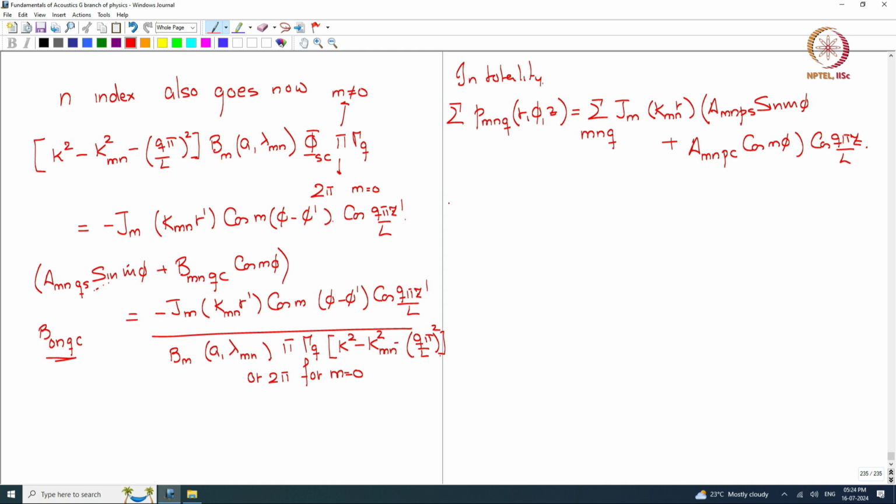And so the final total pressure, if we include the time also, p(r, φ, z, t), is equal to the summation over m, n, q, m going from 0, n and q from 1 each, −J_m(k_mn r).